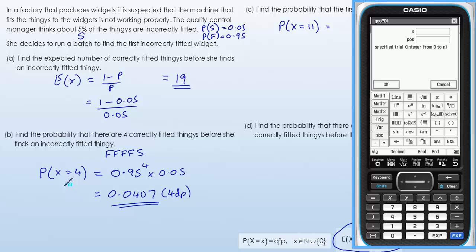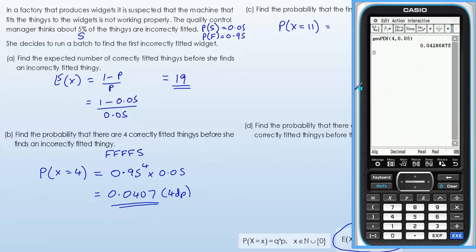But if I put x equal to 4 and my probability 0.05, I don't get the same answer. What we have to do on the calculator is state the position of the first actual success. If I calculate that, it is the same answer.